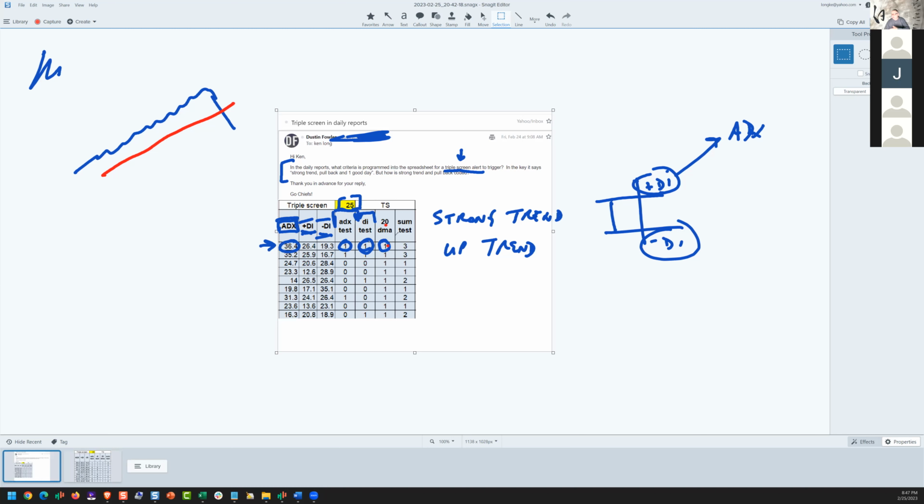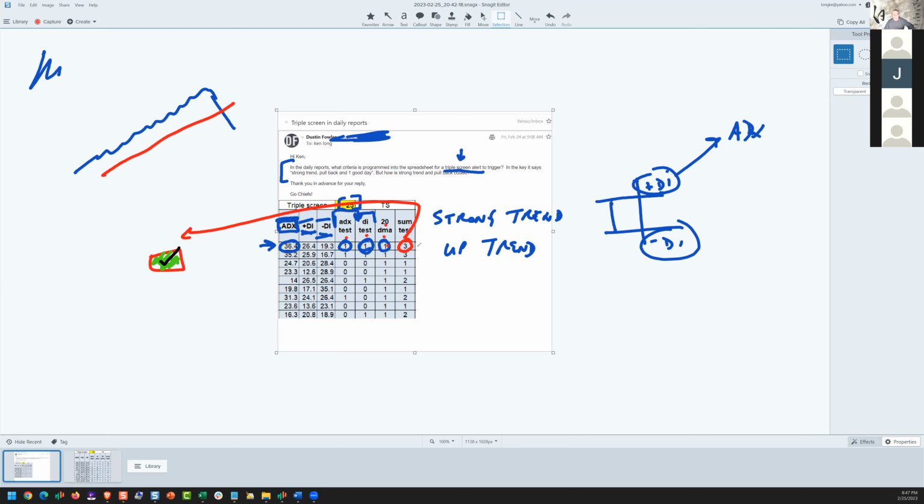And then for the traffic light on the spreadsheet to fire, it looks at this column, the sum of the tests. So if all three of those tests are true, then you get a 3, and then that will turn the signal lamp to green, saying that, yes, we have a triple screen setup.